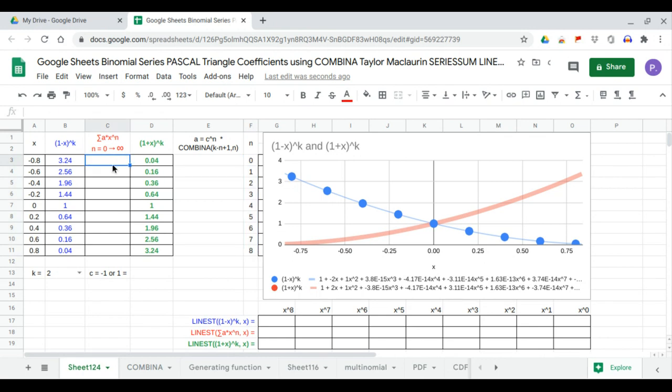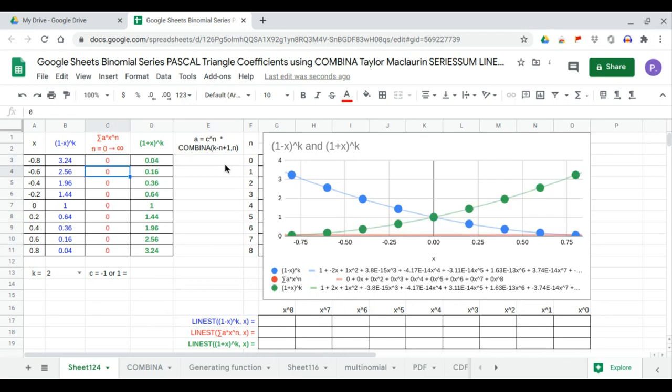Now we can use the series sum. So array formula, series sum of the x values raised to the power n, which starts from 0, incremented by 1, and the coefficient will be this range. And the value of c is negative 1 if it is 1 minus x to the power k.